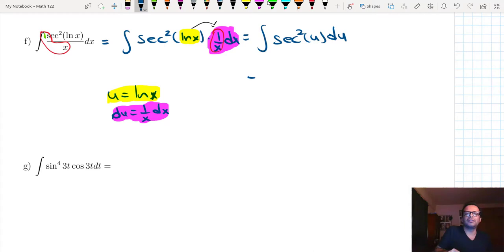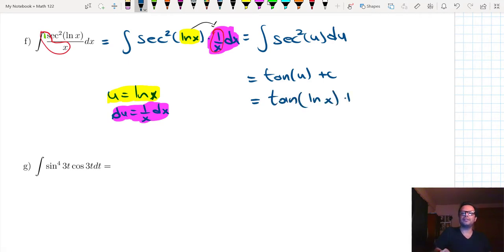So this will be tangent of u plus c. And let's just back substitute ln x.